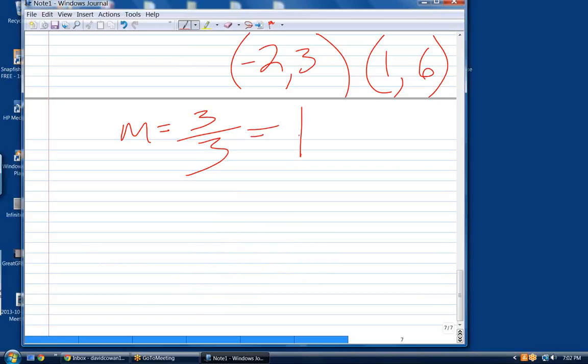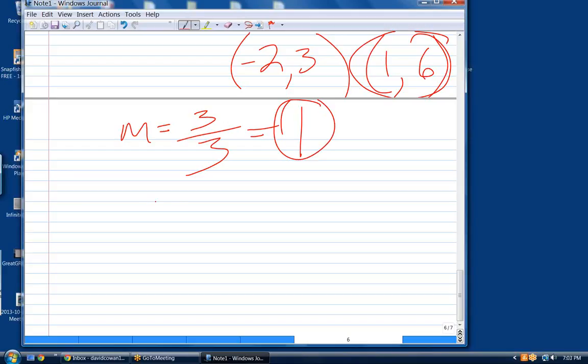Now we have slope and 2 points. If it was me, and I'm very familiar with all 3 of these formats, the one that's easiest to use at this point is point-slope. Because what do I have? I have a slope and I have 2 points. I only need one of them. So let's use point-slope to come up with this equation.